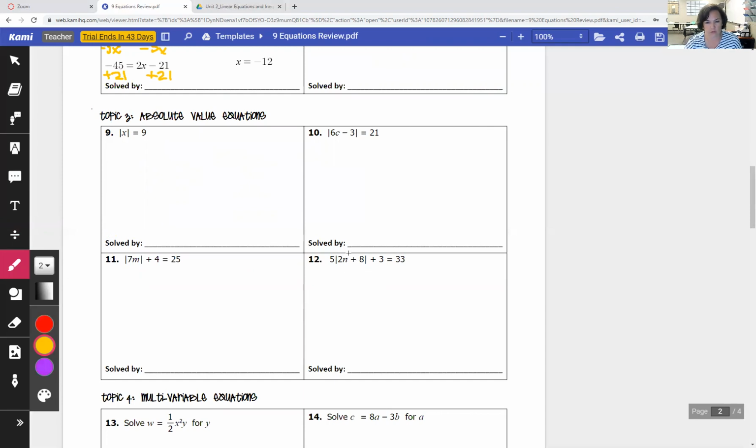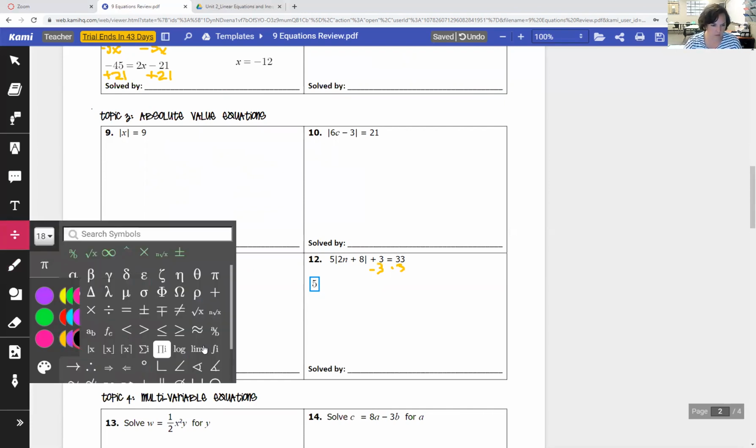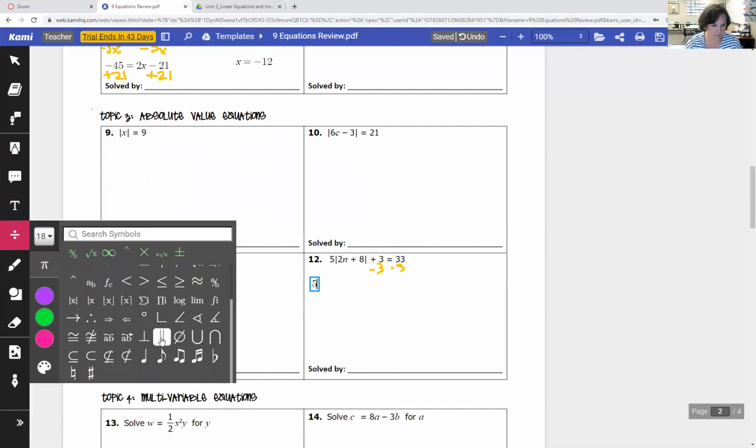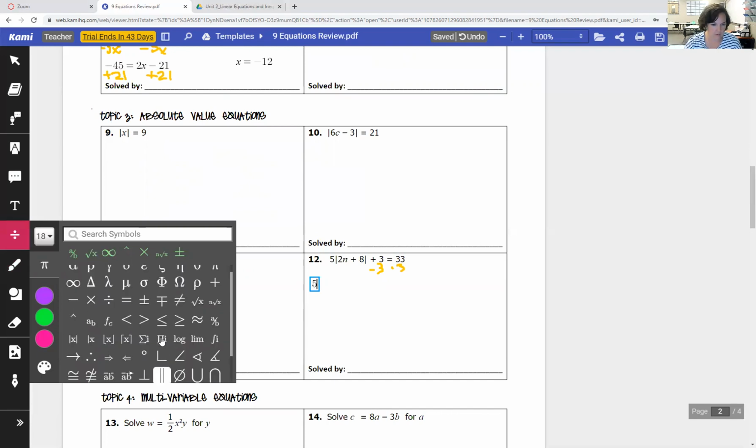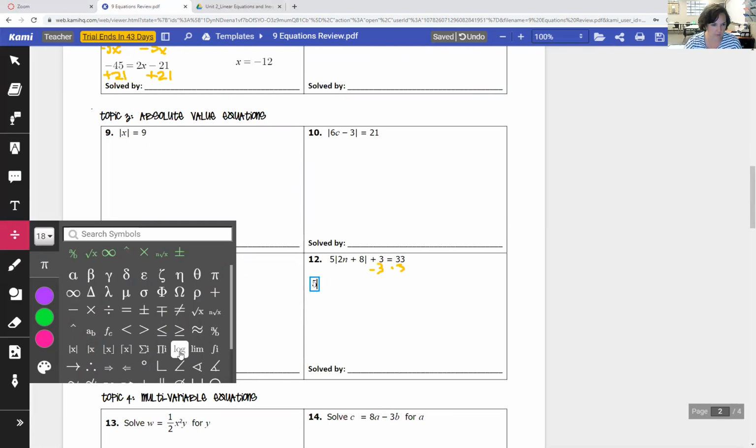We're going to treat it as if it's its own variable and subtract 3 from both sides of the equal sign. That gives us 5 times the absolute value of 2n plus 8 equals 30.